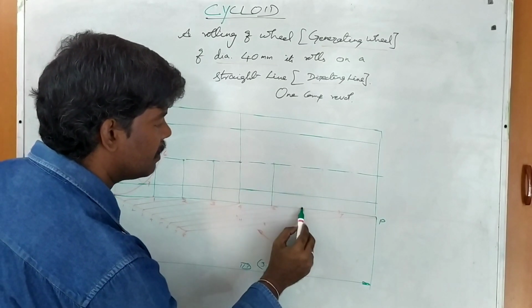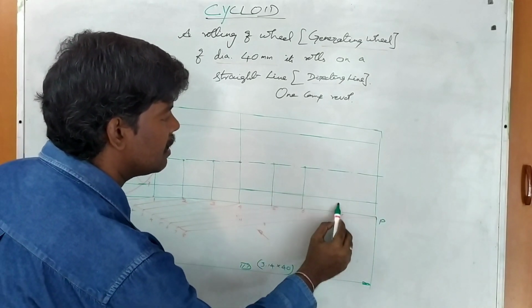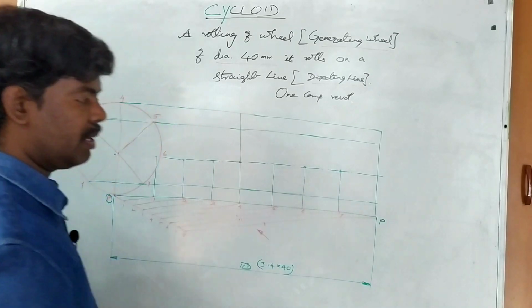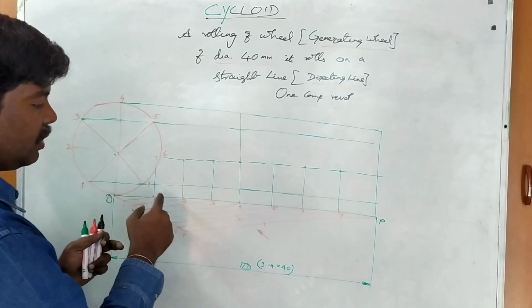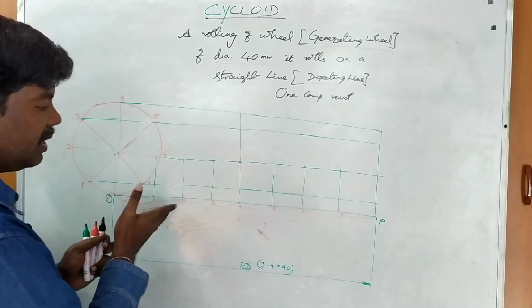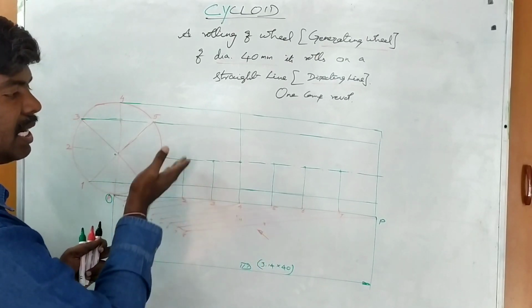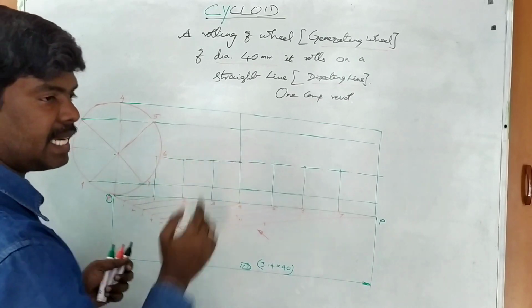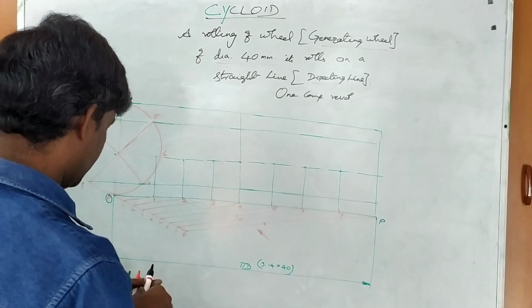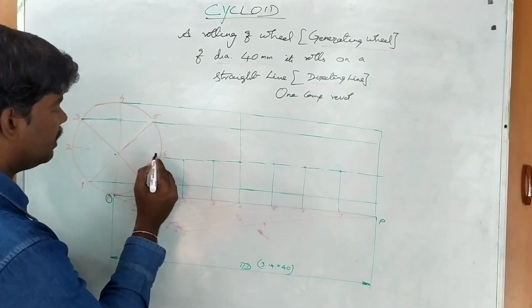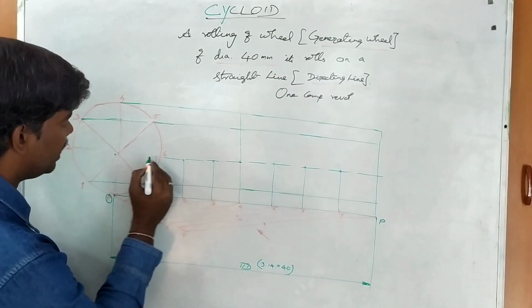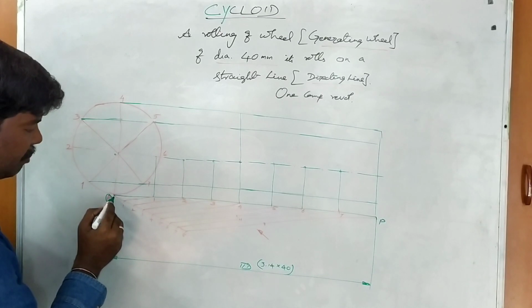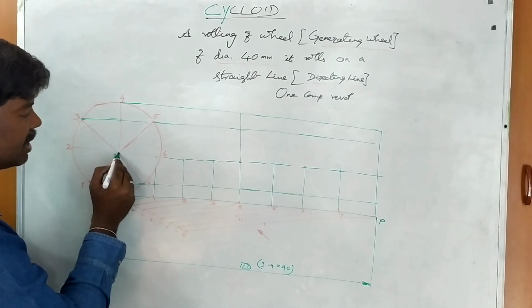5, 6, 7, this one. Okay. So after division of that pi d distance, you get that number 1, 2, 3, 4. From that point, you draw one vertical line up to that center. Next, center line. Next, from P also you draw one vertical line, which exactly coincides here.